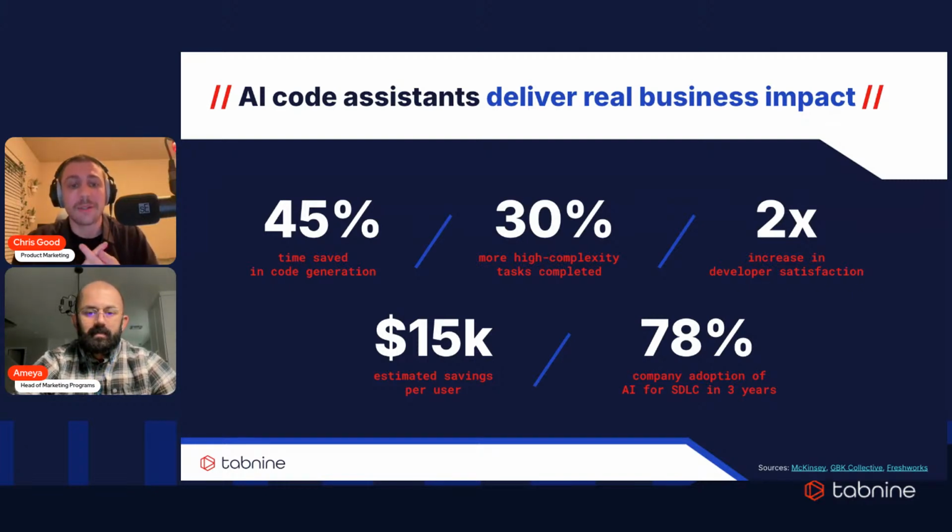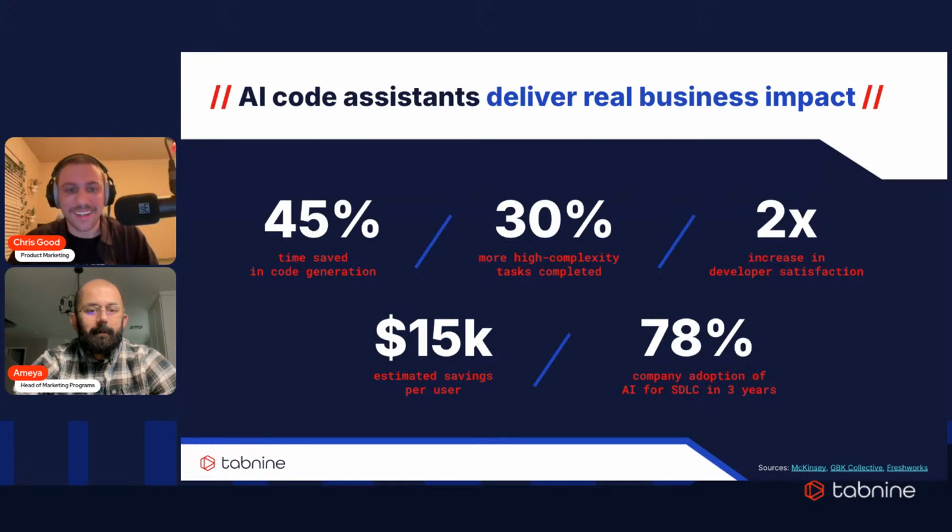AI reduces developer task time by up to 30% for code refactoring, 45% for code generation, and 50% for documentation. Task completion by developers went up as much as 15% for medium complexity tasks and 30% for high complexity tasks. Developers reported being happier in their work, going from 45% without AI to 88% with AI, with a similar 2x increase in the ability to focus on more meaningful work.